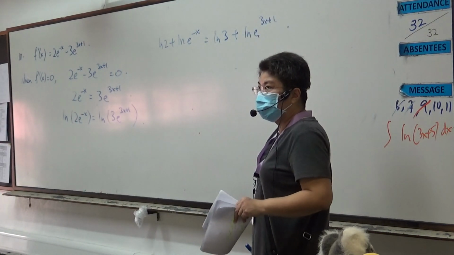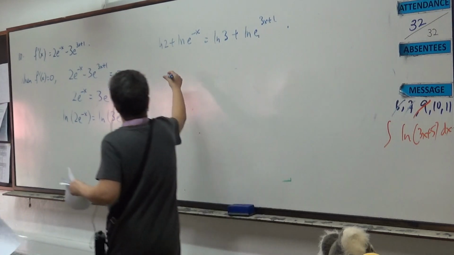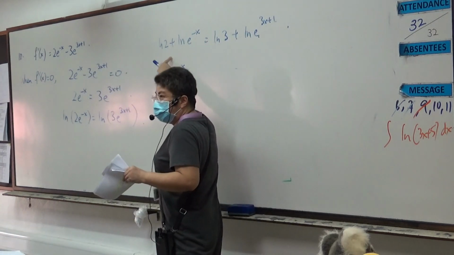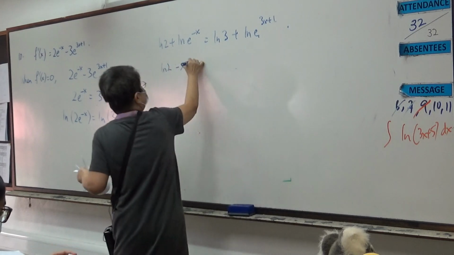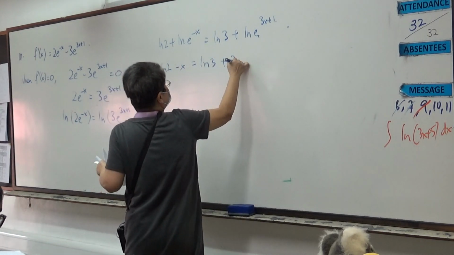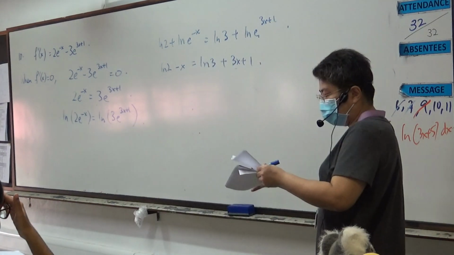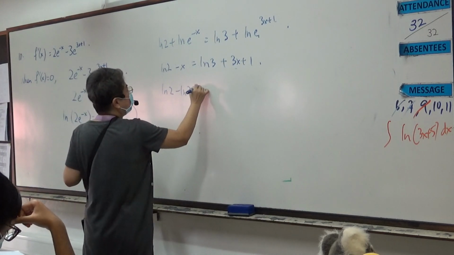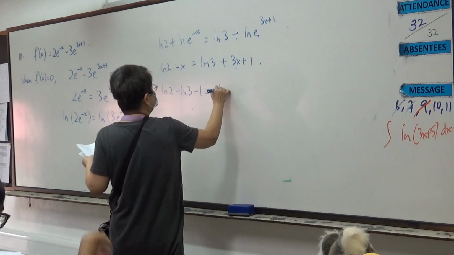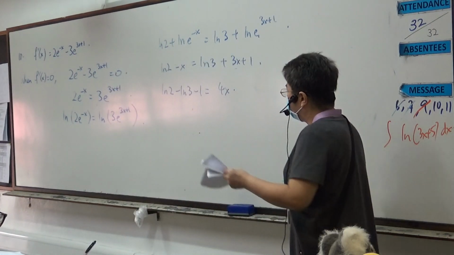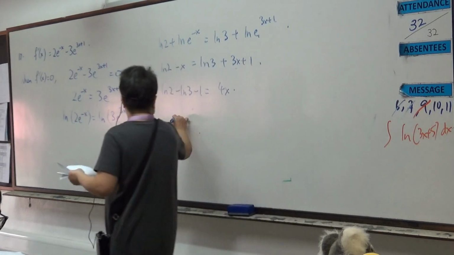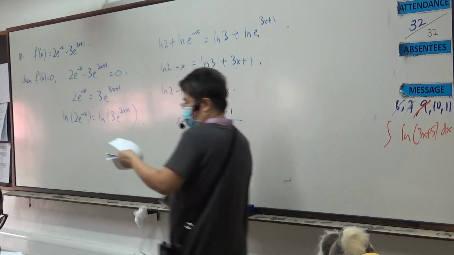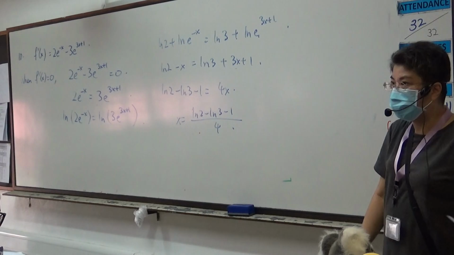I use the log laws, I split it up, right? Now, this one is ln 2 minus x, because the minus x I bring down, ln e is 1, right? Then equals ln 3 plus 3x plus 1, right? Now, this will be ln 2 minus ln 3 minus 1 equals 4x, right? Correct. So what is x? Ln 2 minus ln 3 minus 1 over 4.